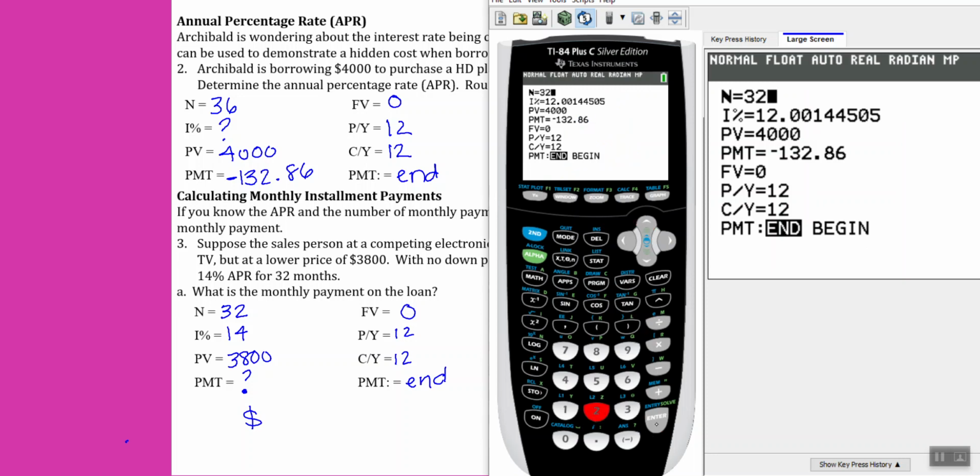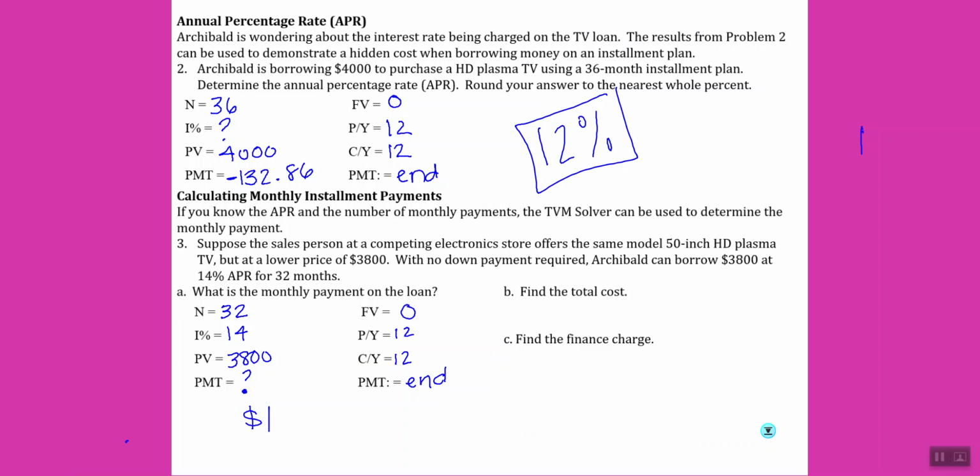So 32, 14, 3,800, and then FV, PY, CY, and PMT are all good, so I'm going to push alpha enter on PMT, and I get that the monthly payment would be $142.98.